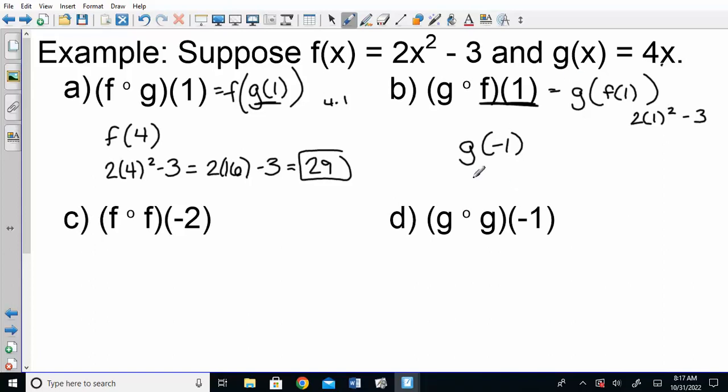So then I have g of negative 1, so if I put a negative 1 into g, I get negative 4. So I did these intentionally to show you order does matter. I got 2 very different answers depending on which one I put it into first. So make sure you're paying attention to that. You always start on the inside. Do you guys remember doing these? Yeah. Okay.